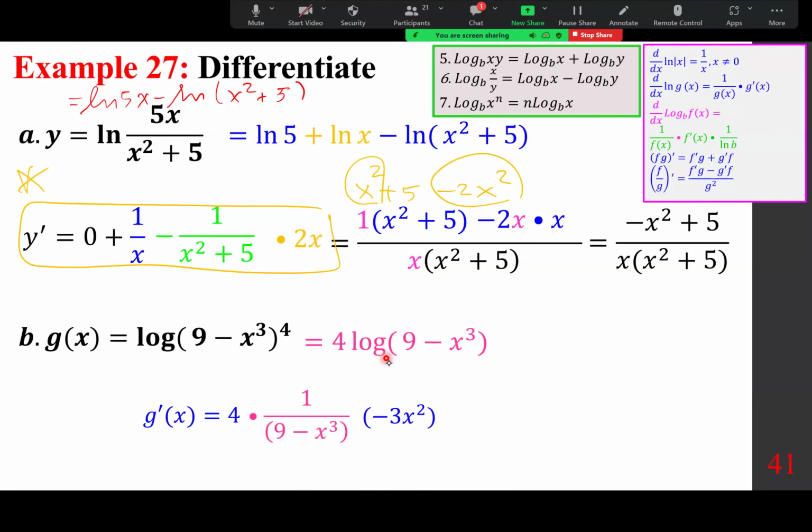I look at the base. The base is not e. In fact, it's 10, 1 over ln 10. I'm looking at this part, everybody. 1 over ln 10. That's how you do it. Okay, it's very straightforward. I hope everybody is fine with that.